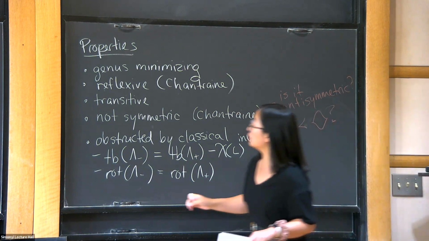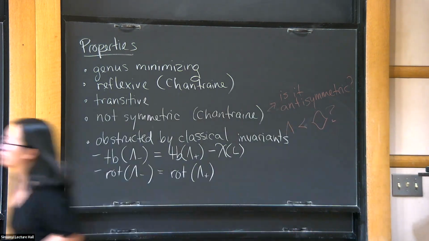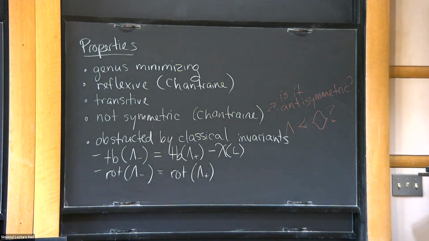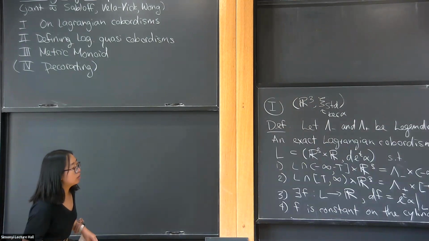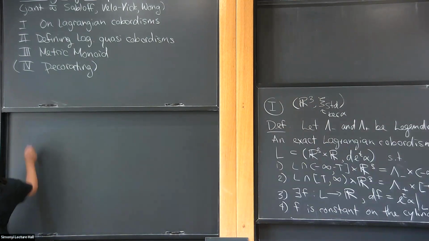All right. I will go over here. Okay, some more properties. And secretly I'm giving you one more invariant type property. So they're also obstructed by non-classical invariants.